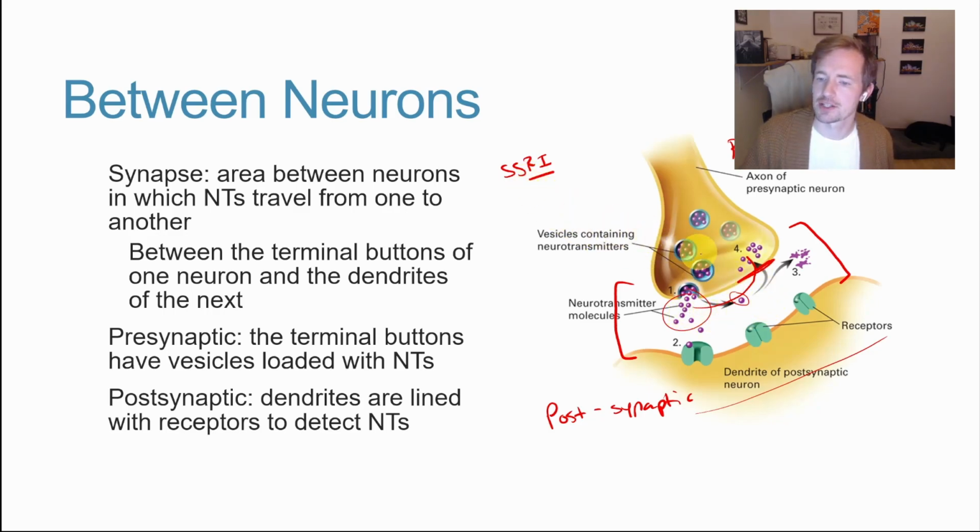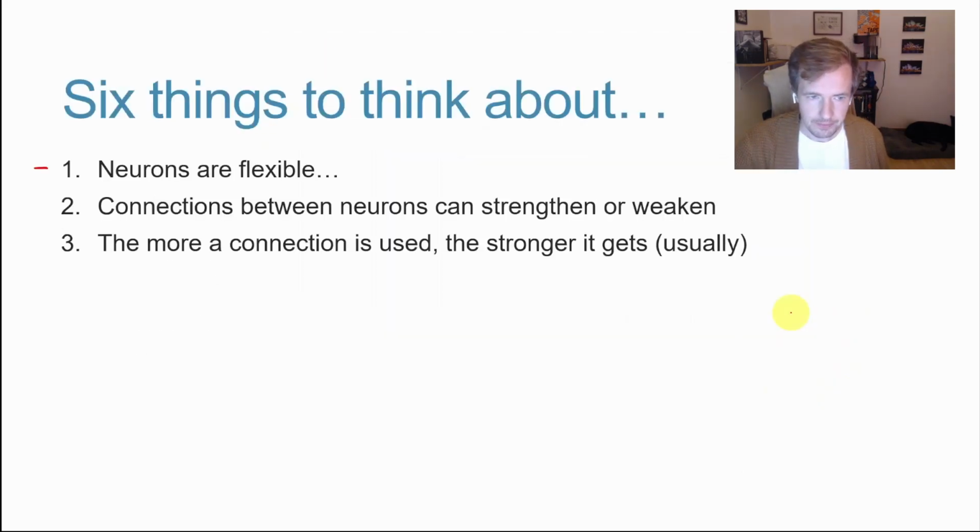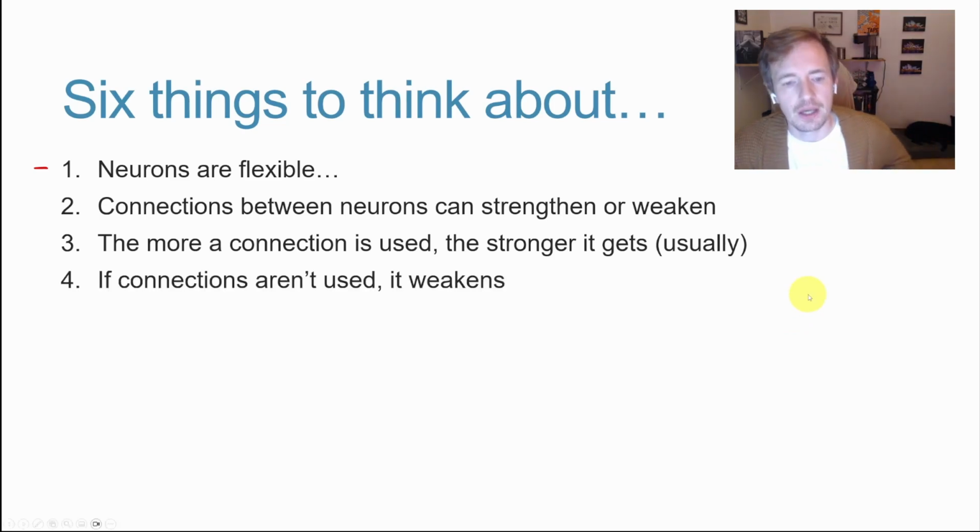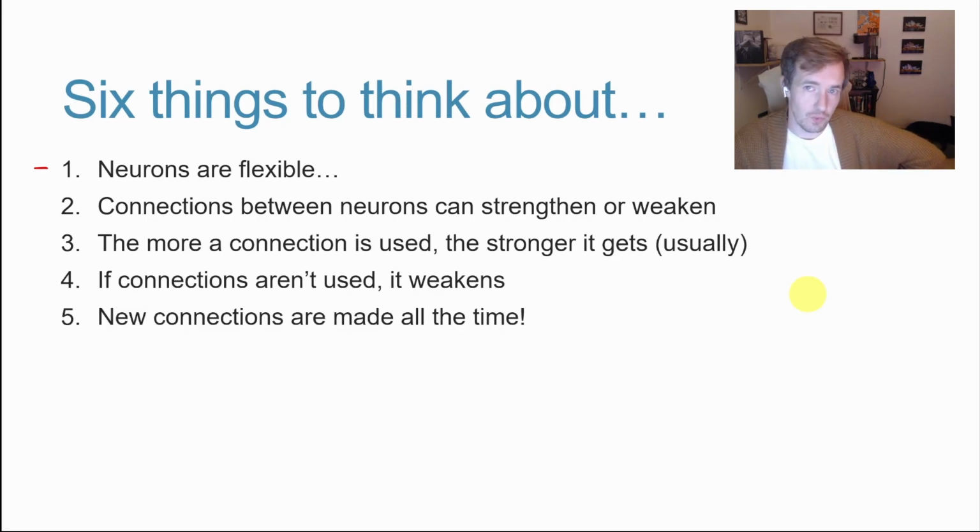And what SSRIs do is that they actually block that mechanism from happening, trying to force that serotonin that your body is making to not just get reabsorbed, but to eventually make its way to the next neuron. So whenever these connections get stronger, it basically means that there's less neurotransmitters that are getting wasted because those connections get very, very efficient. If the connections aren't used, then those connections are going to weaken over time.